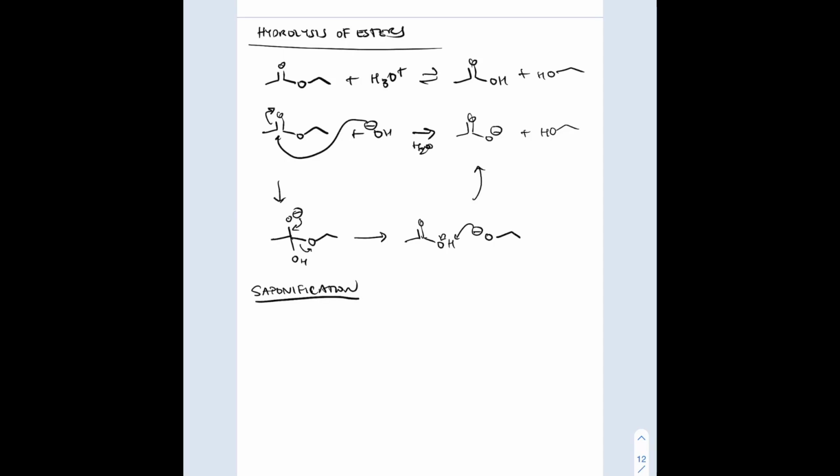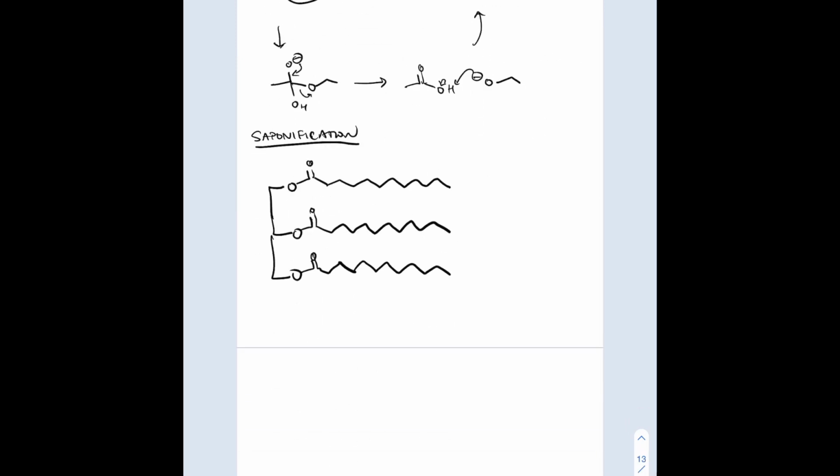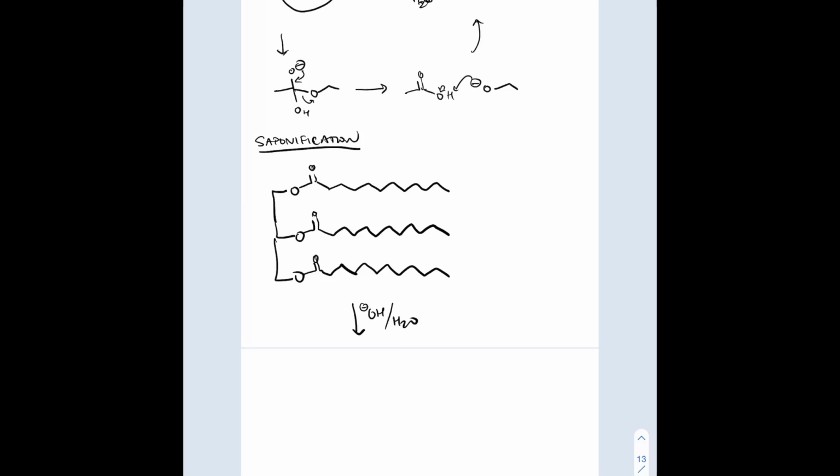Now, there's another term for this, and that's called saponification. This is also something that I mentioned before in lecture. So if you heard me talking about Fight Club, that's exactly what I was talking about. They take fats from a liposuction place, and then they basically make soap in their bathtub using lye, which is just sodium hydroxide.